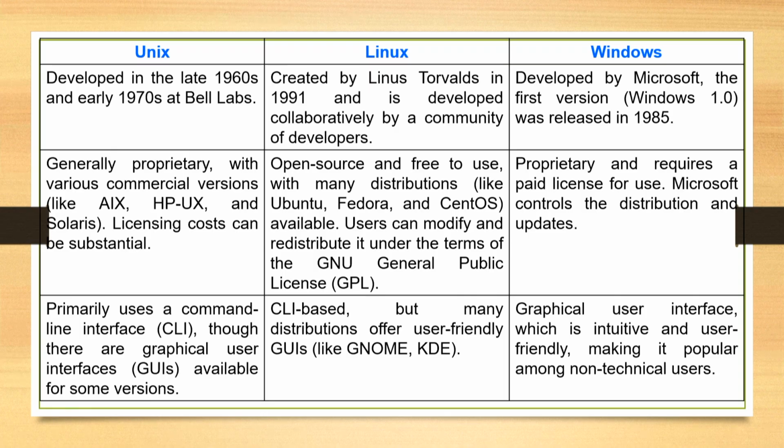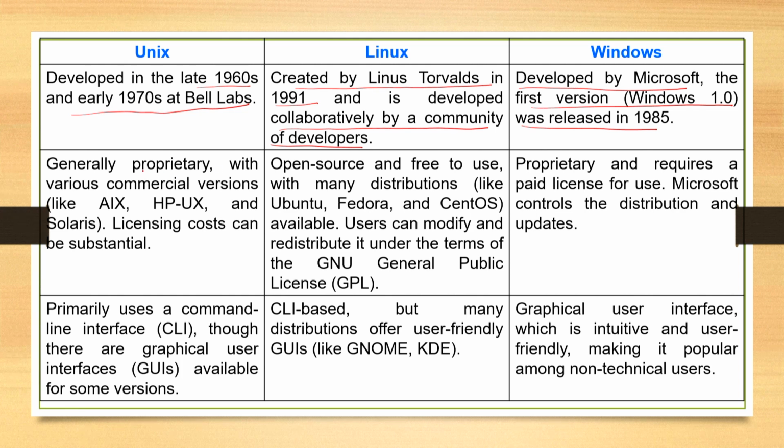Unix was developed in the late 1960s and early 1970s at Bell Labs, whereas Linux was created by Linus Torvalds in 1991 and is developed collaboratively by a community of developers, whereas Windows was developed by Microsoft and the first version, Windows 1.0, was released in 1985.